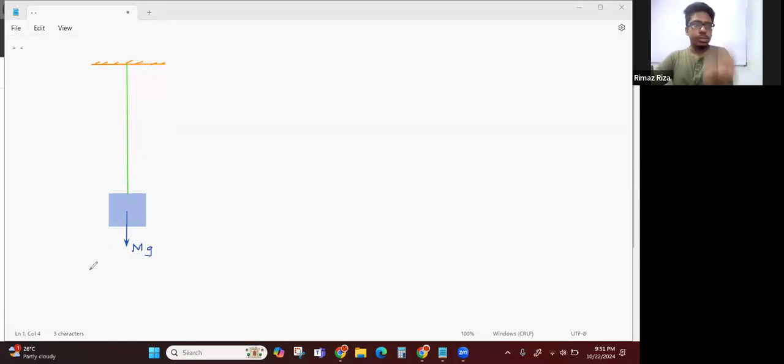So this weight pushes the mass vertically downward, right? But it is not moving downward because of the counter force acting on the mass by the string.